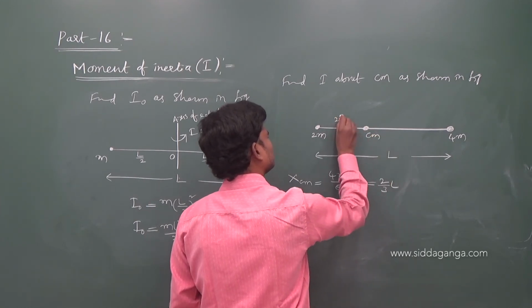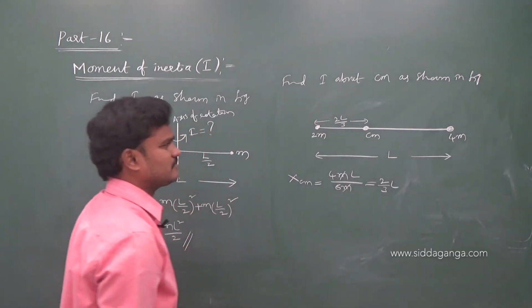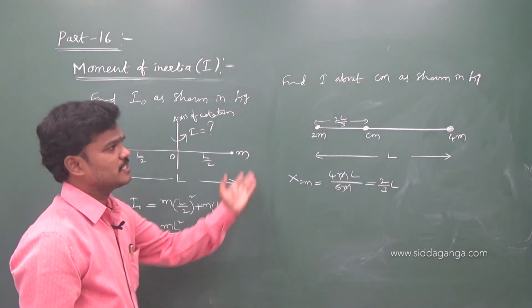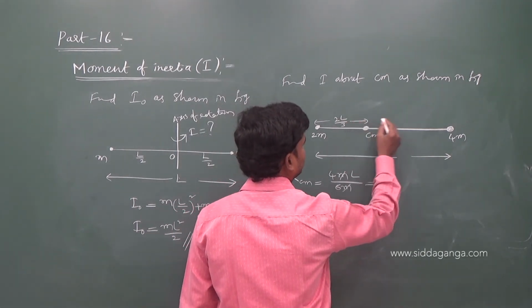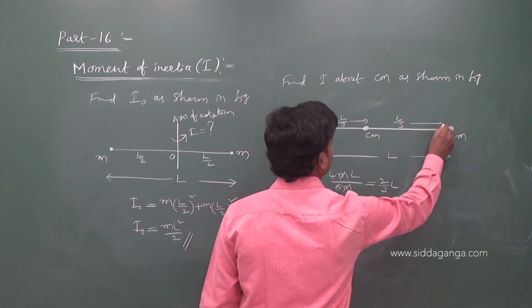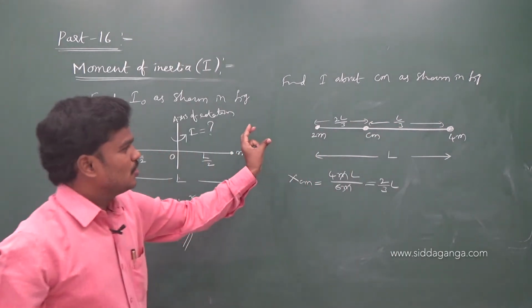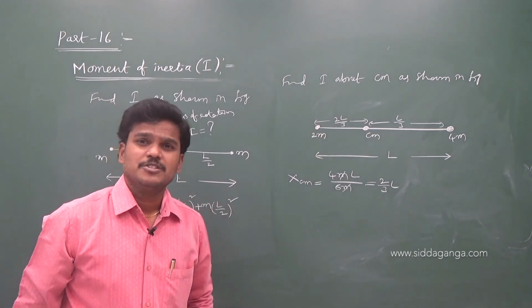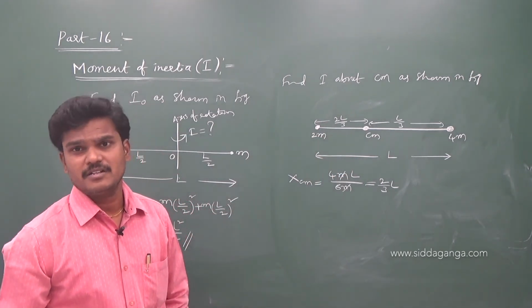At what distance? 2L by 3. If this is 2L by 3, what is the next one? L by 3. Okay, don't think this is more or less. Total if you add, 2L by 3 plus L by 3, how much? 3L by 3, L.